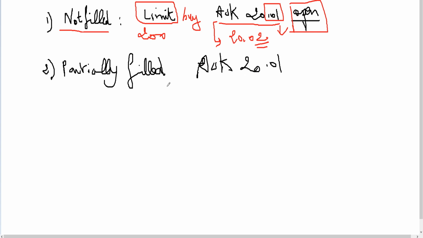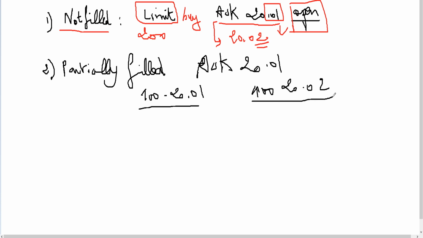Now, you get, for example, 100 shares at $20.01, and then for the other 100, what is left, the price has changed to $20.02. It has changed between this and this. It could be less than a second, but you get the first half, and you didn't get the rest because the price has changed. So you get just a little.